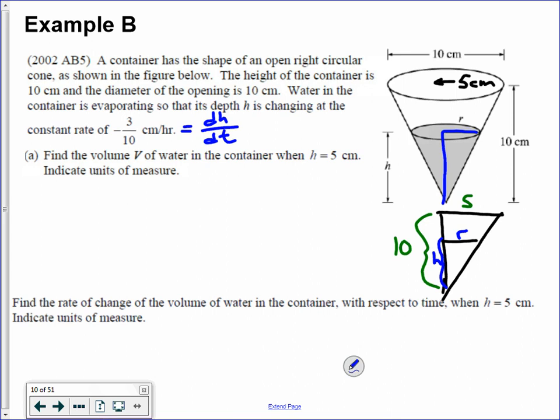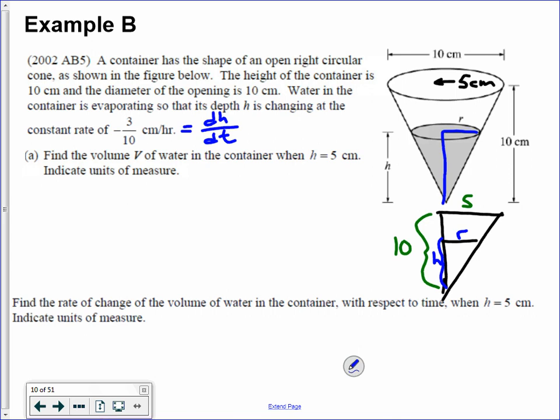Okay, so now they say, find the volume V of water in the container when H is 5. Now, one thing they don't have on here is the volume of a cone. Does anyone remember what the volume of a cone is? Remember the volume of a cylinder? It was just area of a circle times height? Pi r squared h.